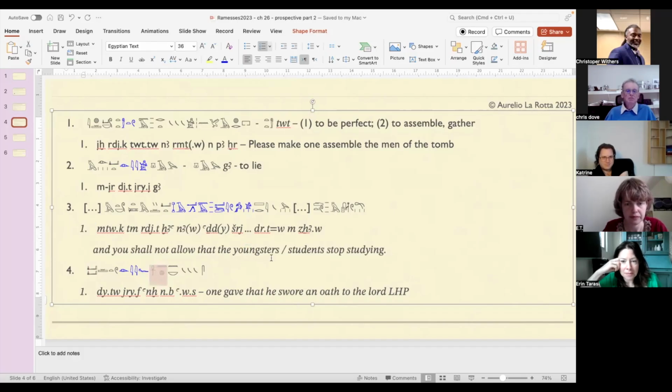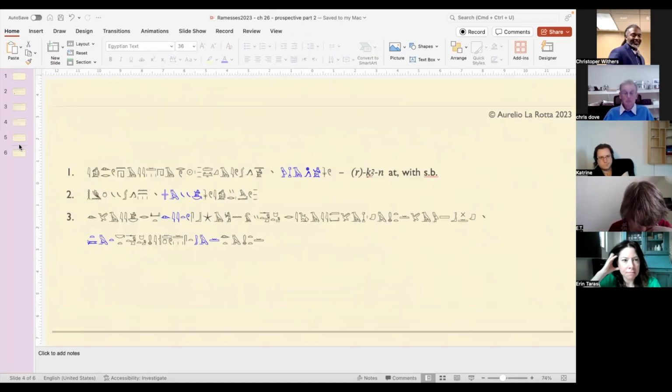Anash in Coptic, as opposed to Onech, which is live. So they're somehow pronounced differently. Okay, so same logic. D2, one gave, EDF, that he may, literally, but really in English we would make it that he swore an oath. And Neb, I forgot something. All good? If yes, then let's move on.